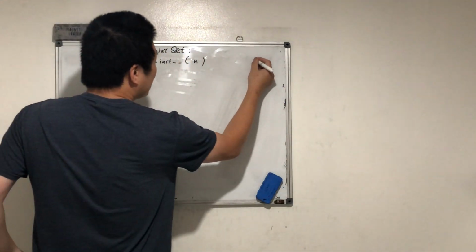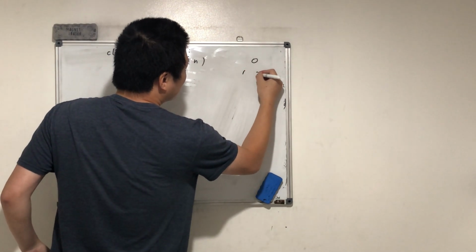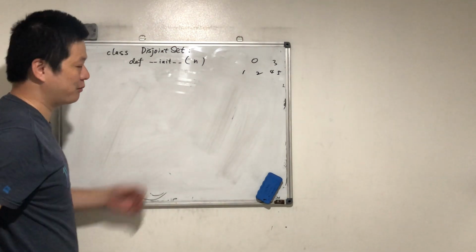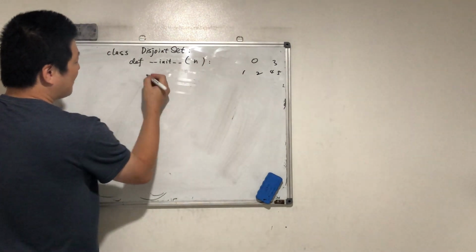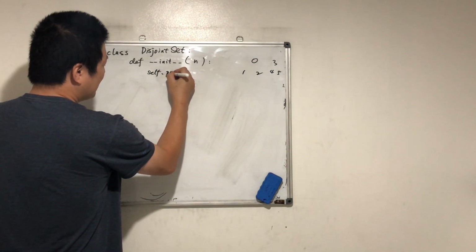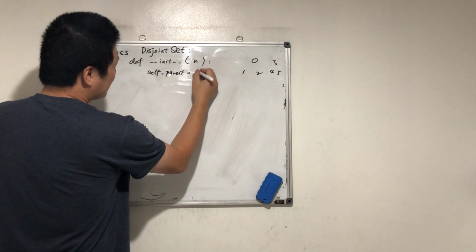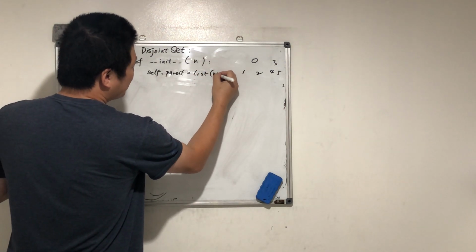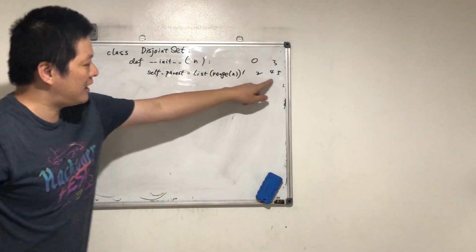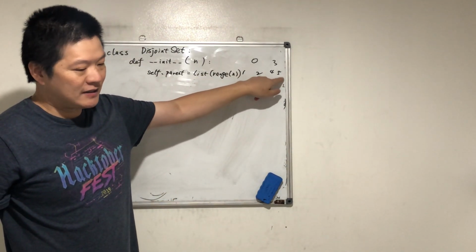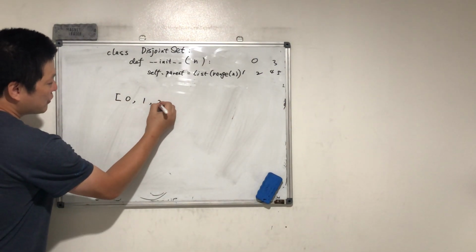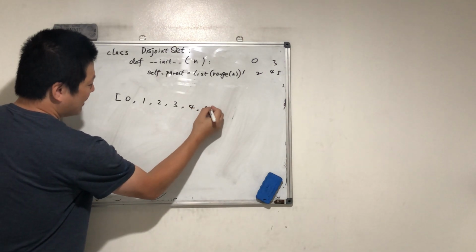If there are nodes 0 to 5, we just pass 6. So in the constructor, parent equals list(range(n)). If n is given as 6, the parent is a list of 0, 1, 2, 3, 4, 5.